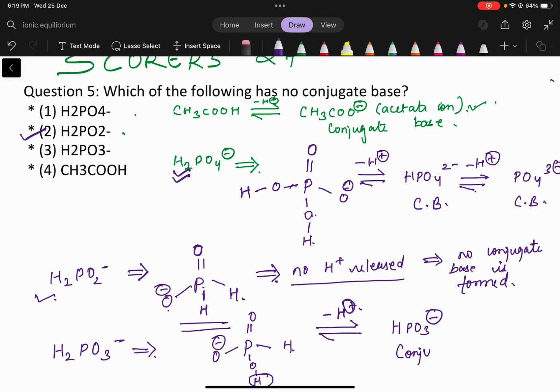The conjugate base is possible. Why? Because one hydrogen is directly bonded to oxygen, right? And one hydrogen is bonded to phosphorus. Now this hydrogen can be easily released. Why? Because there is a difference in the electronegativity between oxygen and hydrogen, right? The oxygen electronegativity is around 3 and hydrogen electronegativity is around 2.1.